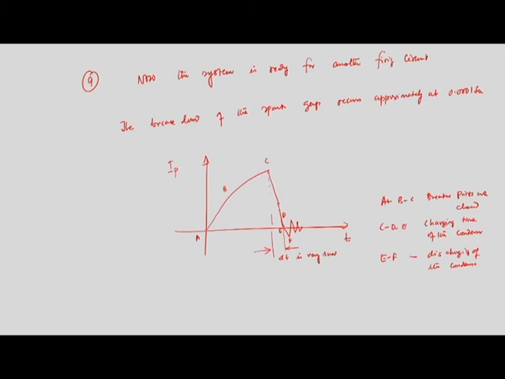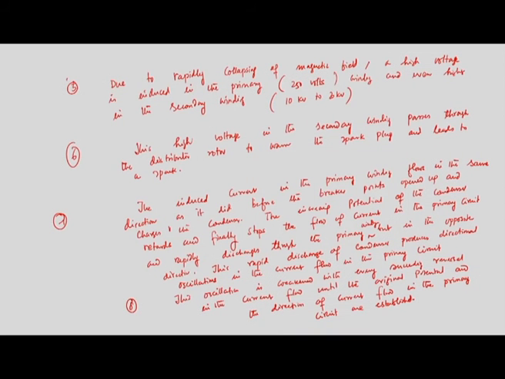Now, with a very small delta t, as I told you, a rapid collapsing of the magnetic field develops a high voltage in the secondary winding, and this high voltage passes through the distributor rotor to the spark plug and leads to a spark.